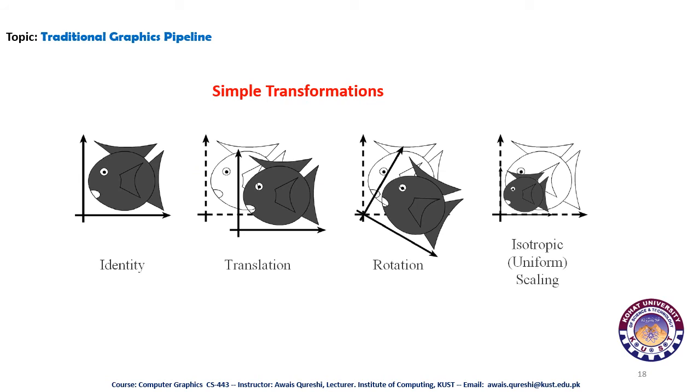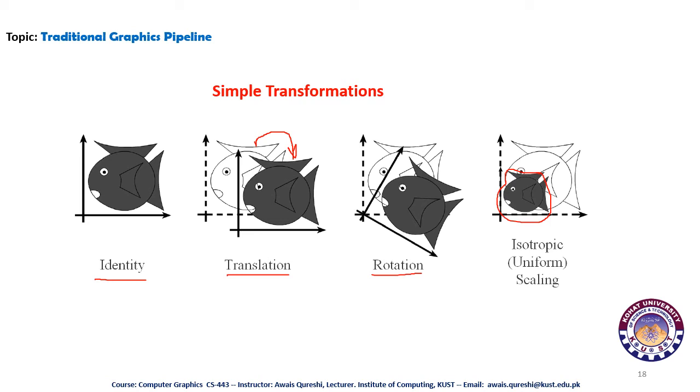These are called simple transformations. The first one is called identity transformation. The second one is called translation. Here you can see that we have translated an object from one place to another. The third one is called rotation, and the fourth one is called isotropic uniform scaling. In scaling we change the size of an object, but the picture pixels would not be disturbed.